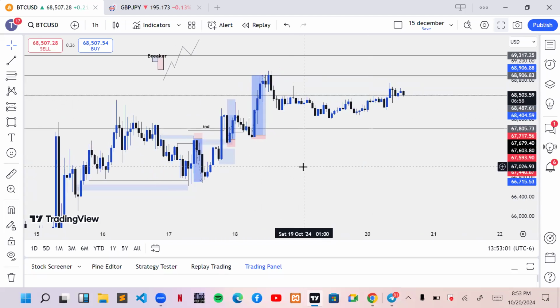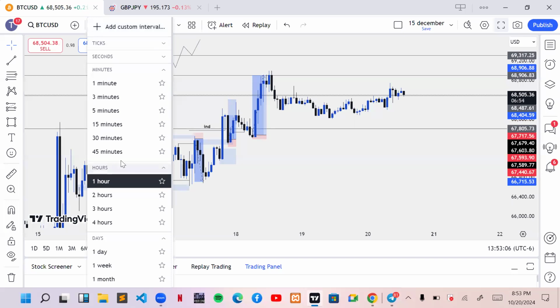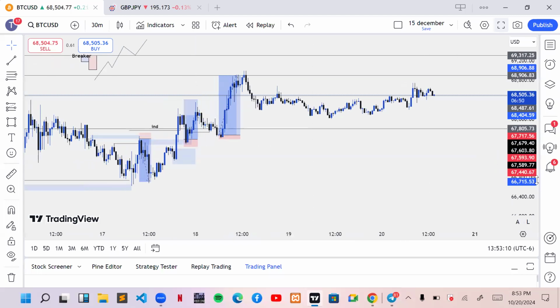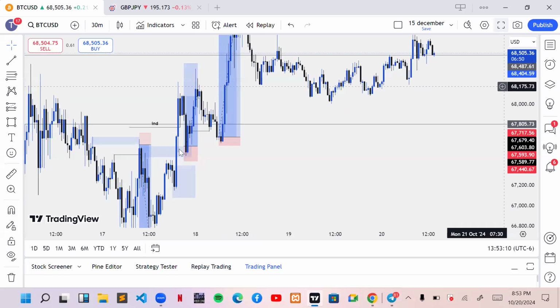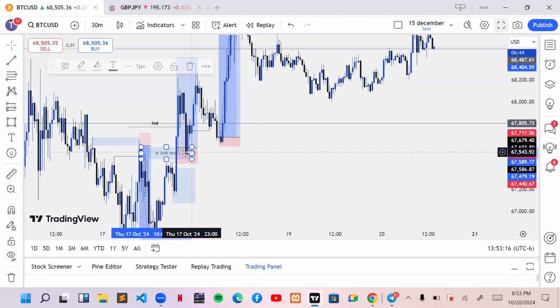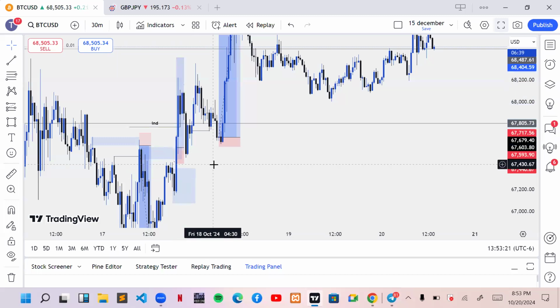Let me see if I can find that trade. I don't really remember the trade form. Let me see if I can find it. Yeah, it's this trade here. It was this trade, but I caught it very early when it was already moving. Let me send it to the comment.